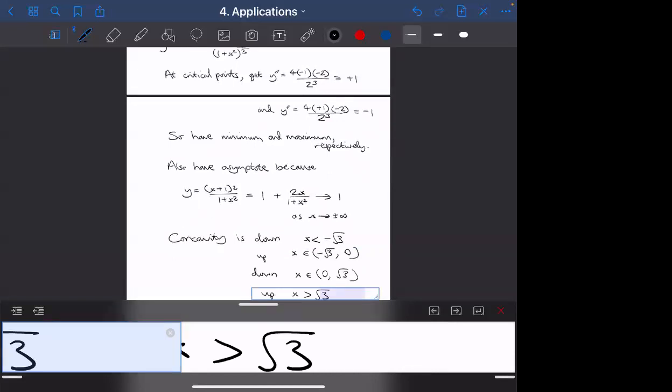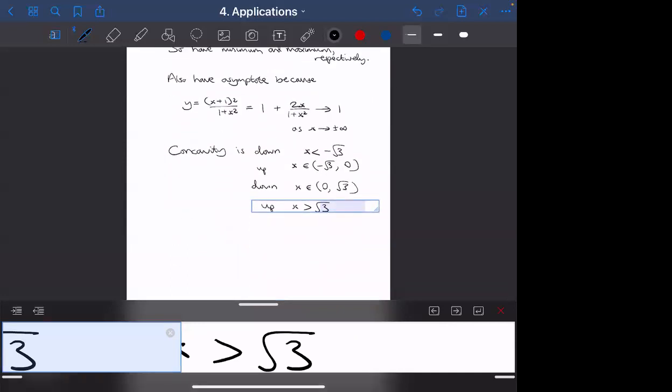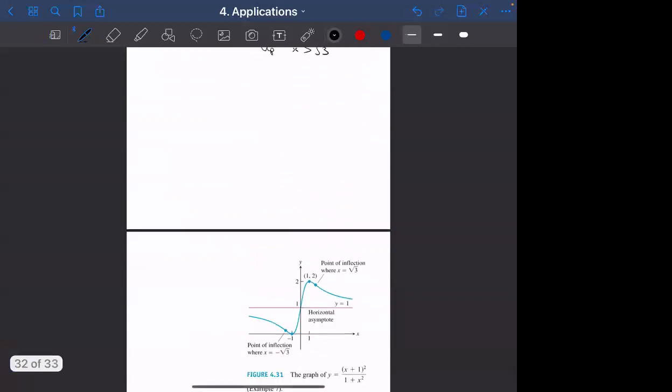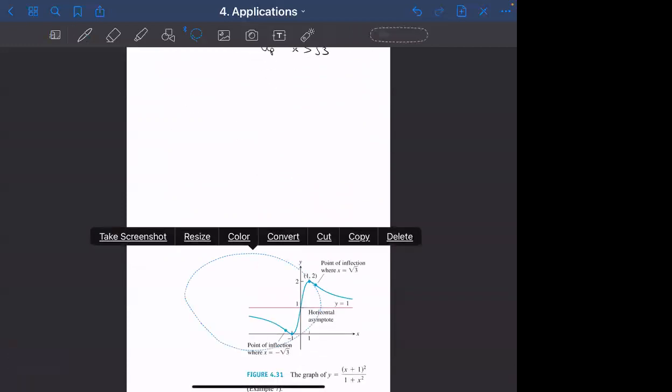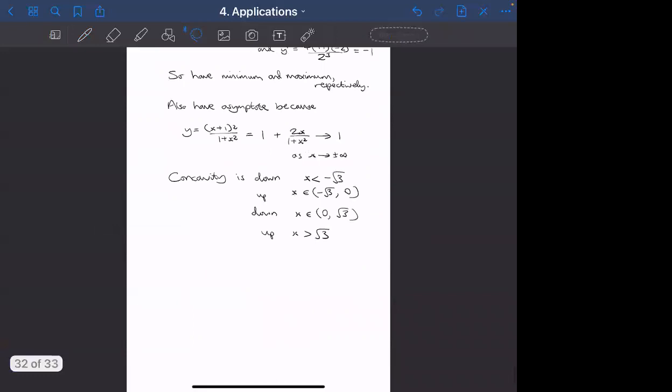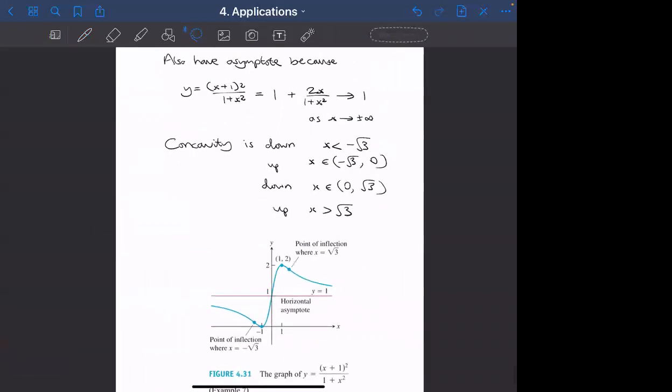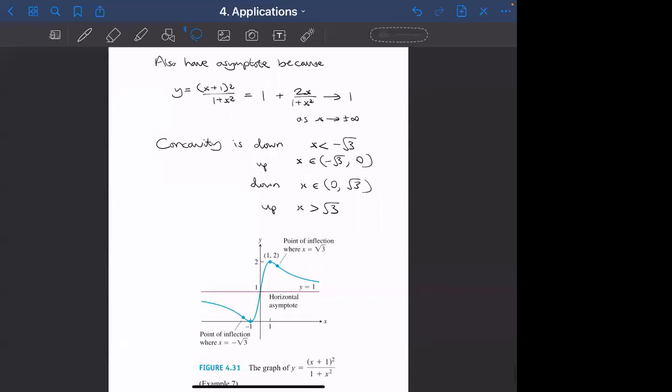And all these things you can see in the graph. So let's copy in the graph now. So we see the two critical points first, one at (minus 1, 0), and one at (1, 2).